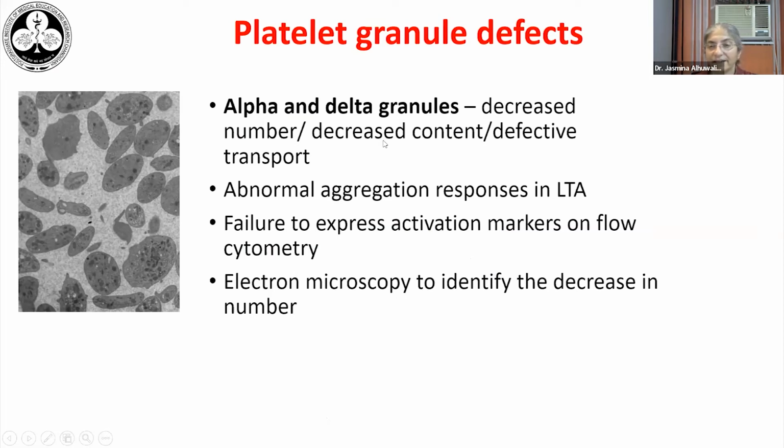The alpha and delta granules may be either decreased, or their content may be absent, or there may be defective transport of the content to the surface of the platelets. And on flow cytometry, they may manifest as a failure to express the activation markers like P-selectin or CD62 on the surface of platelets, or to bind fibrinogen.